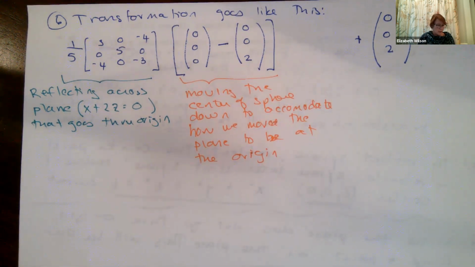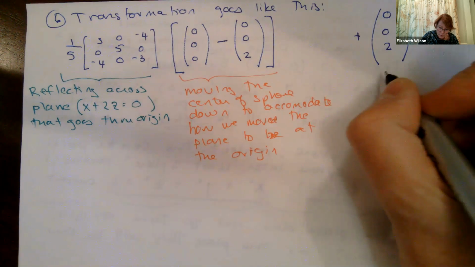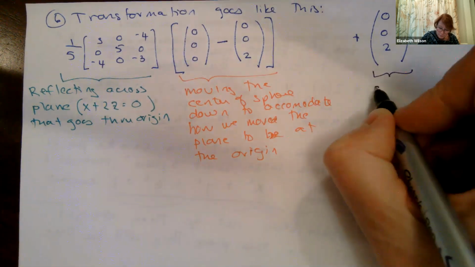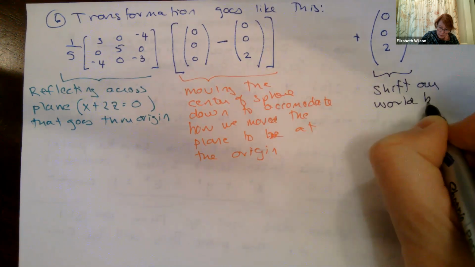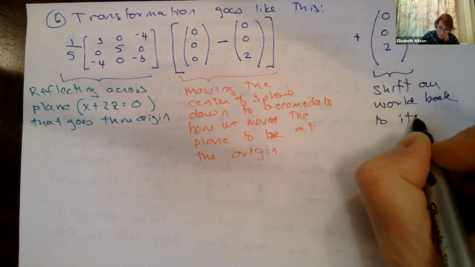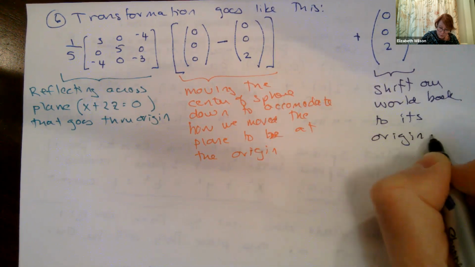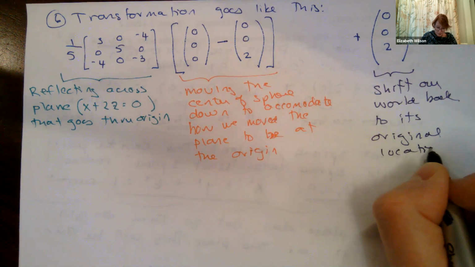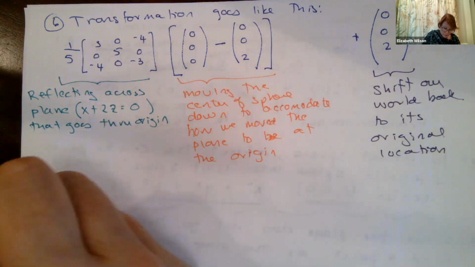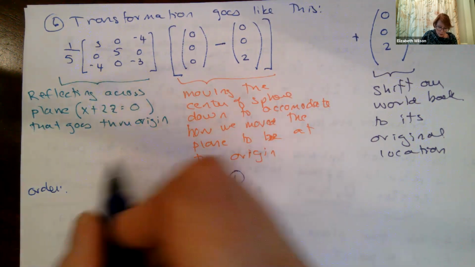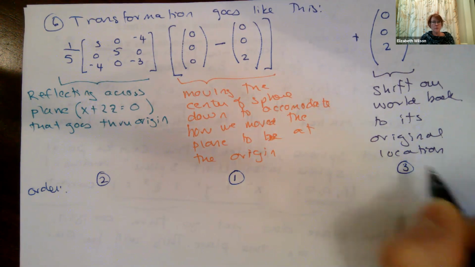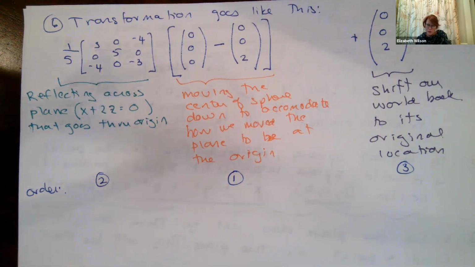So this is what we do. And then we'll do this one in purple. And then we shift our world back to its original location. So the order that we do this in is like this. I do this one first, I do my transformation, and then I move things back into place. Okay, so watch your order of things.